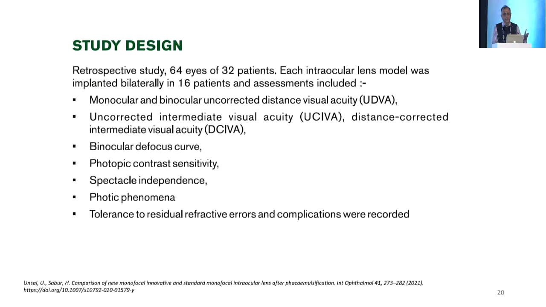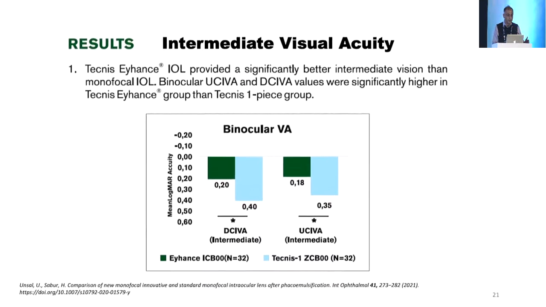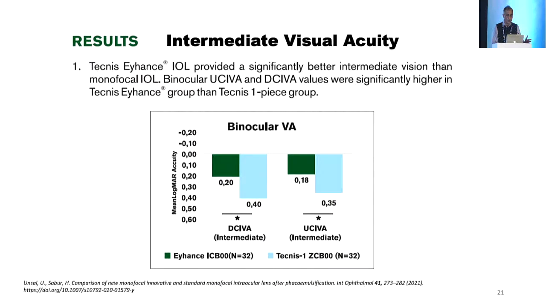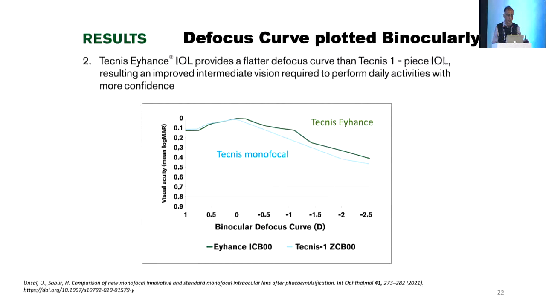Each patient had bilateral implantation, so 16 of them had Eyehance, 16 of them had Tecnis one piece. And then they looked at different parameters. They looked at binocular vision, and they found the distance corrected and uncorrected intermediate visual acuity was better in the Tecnis Eyehance group as compared to the Tecnis monofocal.